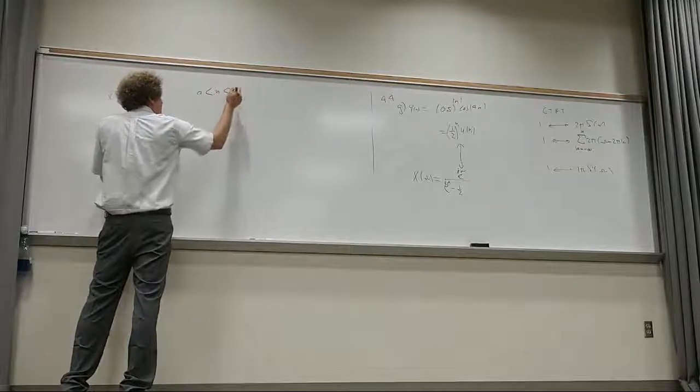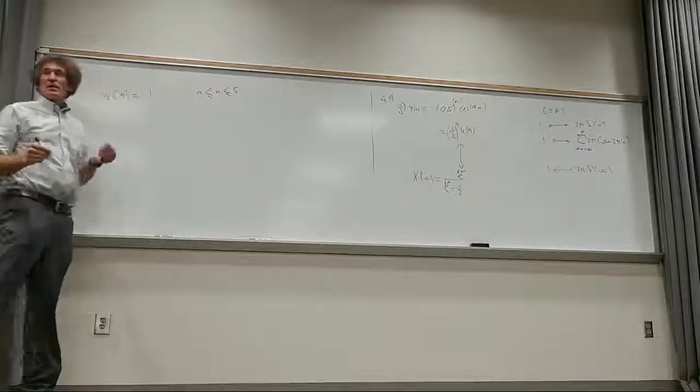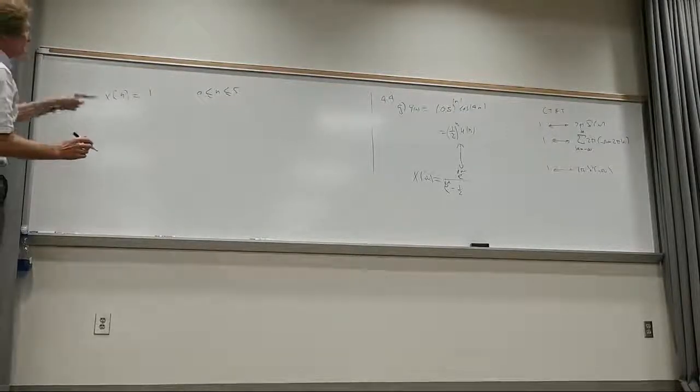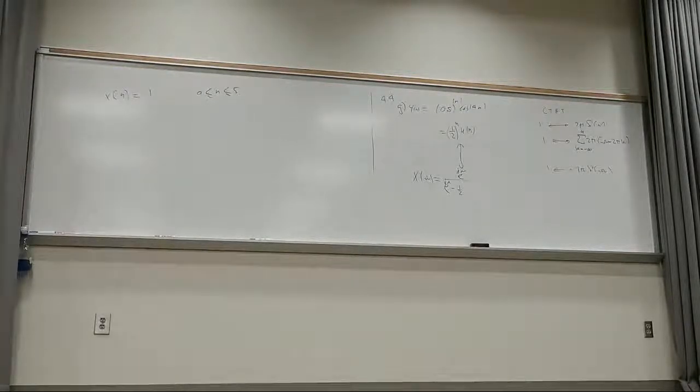Less than or equal to 5? Yeah. What is that, people? One word. Pulse, isn't it? Isn't that a pulse shifted? Where's the pulse centered? 2.5. It's 1 from 0 to 5. There are 6 values, right? It's centered at 3, correct?